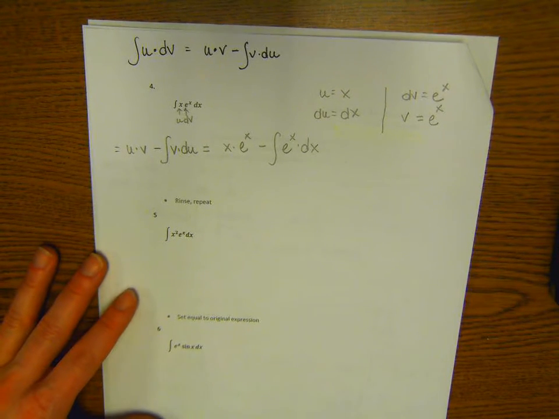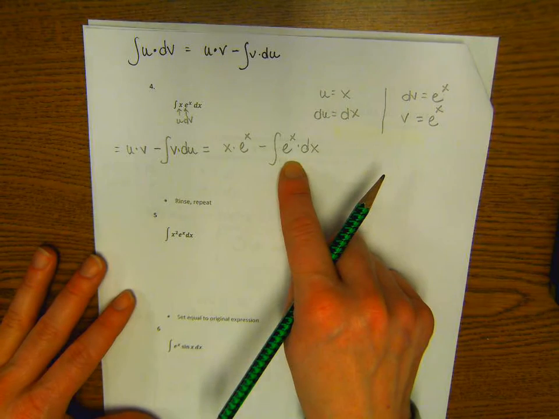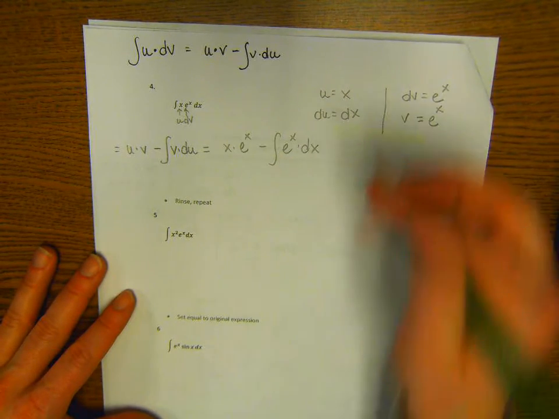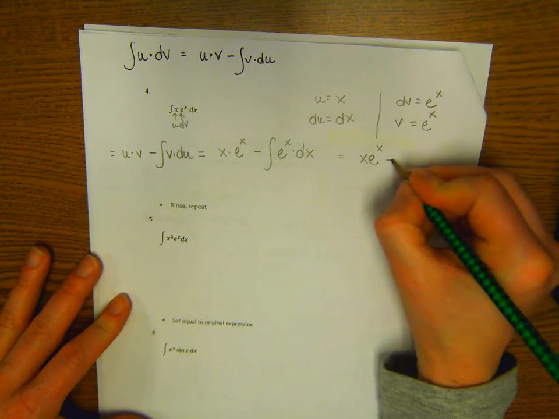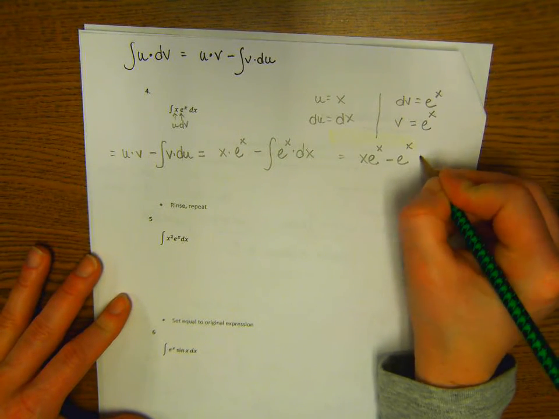Alright, so what is the integral of e to the x dx? E to the x. So we leave x times e to the x the same, minus e to the x plus c.